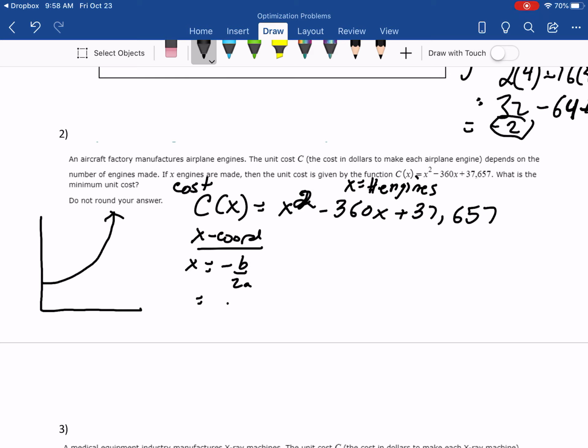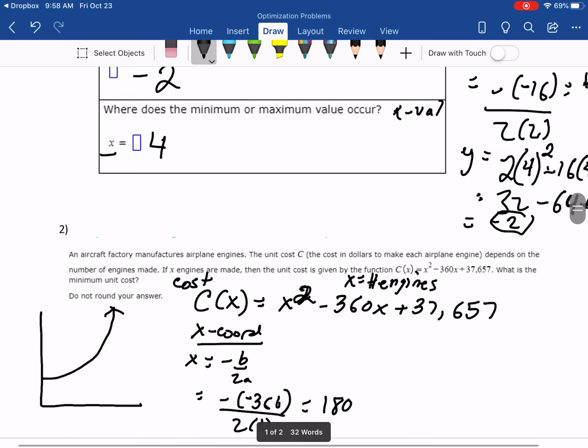So that'll be negative negative 360 over 2 times 1, which is 360 over 2, which is 180. So x stands for engines. So the number of engines produced in order to minimize cost is 180.